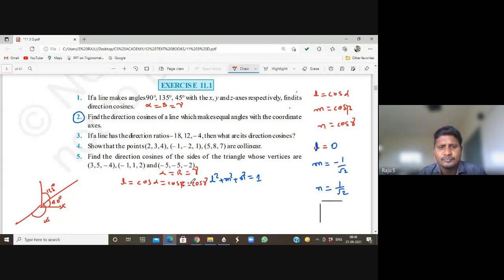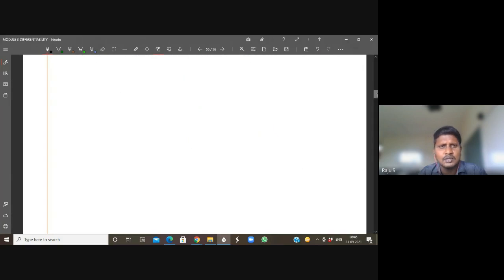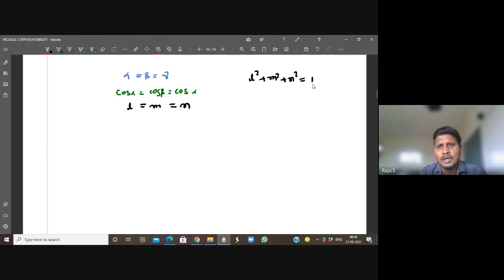Since we know that this is L, this is M, this is N, L square plus M square plus N square is always equal to 1. Yes or no? Always it is equal to 1.